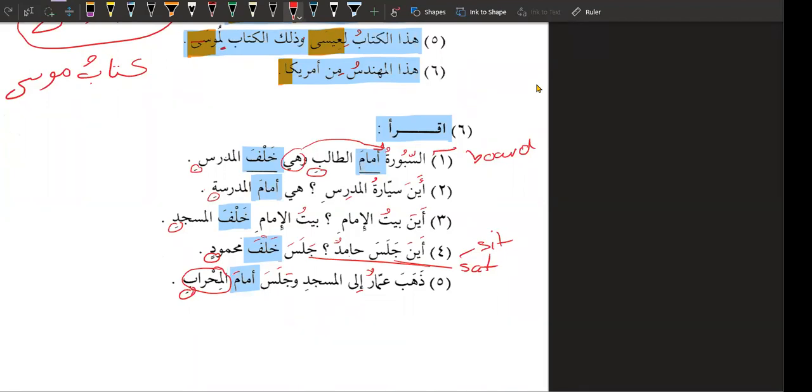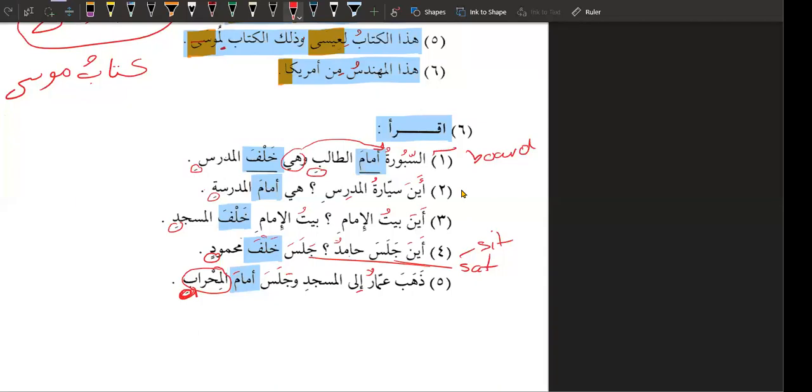Like in Surah Ali Imran, Allah mentions about Maryam, كلما دخل عليها زكريا المحراب وجد عندها رزقا. Every time Zakaria would visit Maryam in the mihrab, so it was a place where she would pray.